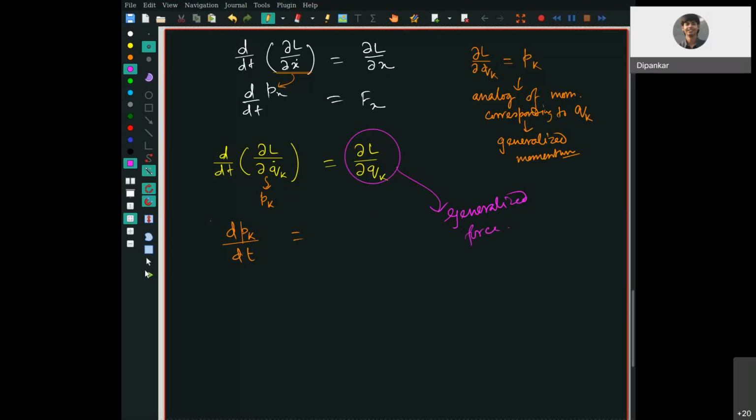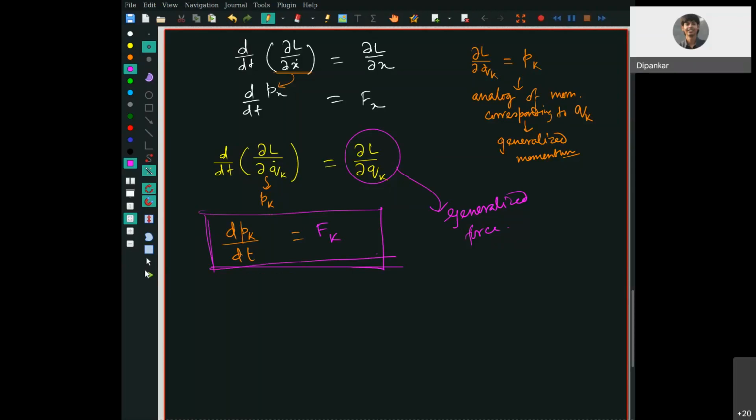So I embedded the whole Lagrange's equation in the simple form of Newton's second law. The Lagrange's equation appears to be nothing new. It's just dp dt equals fk if you know how to look at it. It's just the second law of motion.